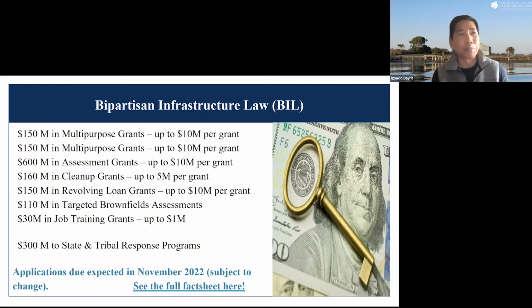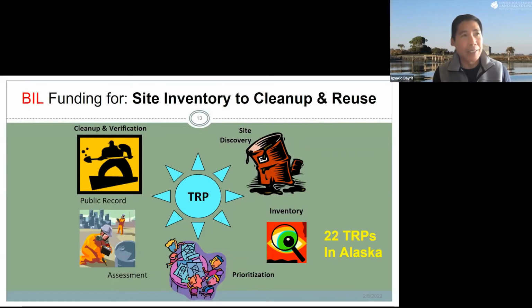So next slide, Joy. And again, this is a snapshot of the grants that are coming up. These are orders of magnitude bigger than what the EPA used to provide. Applications will start in September, and the guidelines are still being formulated. So this is still a work in progress, but please look out for them and reach out to us, your partners, the DEC, and your other environmental state agencies.